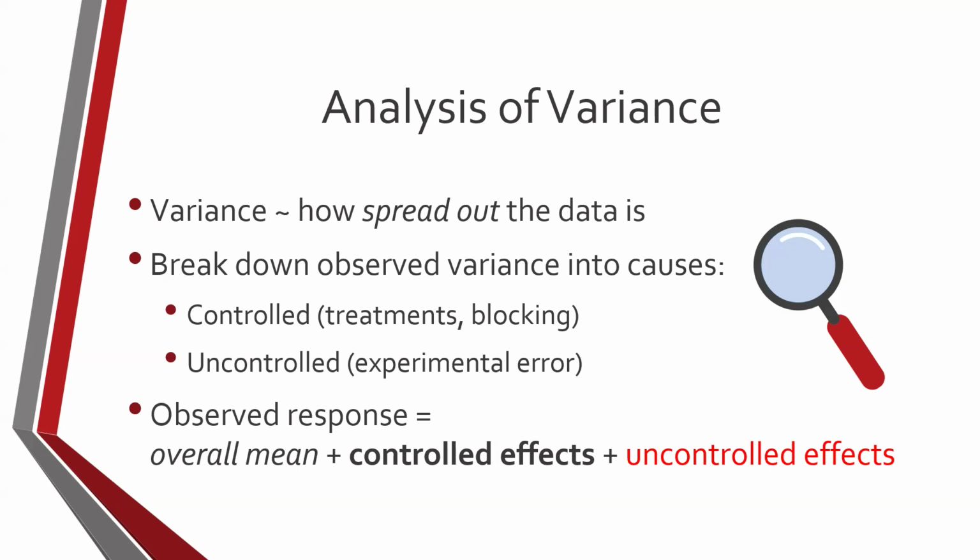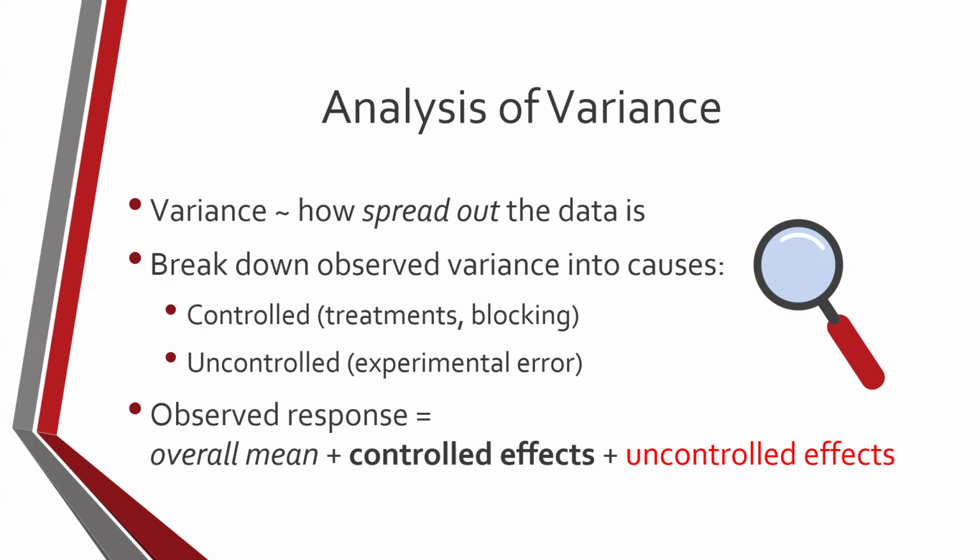So in general, we're just thinking about the response that we saw, the data we've collected. There's your overall, your baseline response, as if nothing would have happened in the trial. Then you have those controlled effects from the treatments and the blocking that we purposefully went out and did in the trial. And then you've got those random effects that we couldn't control as well.